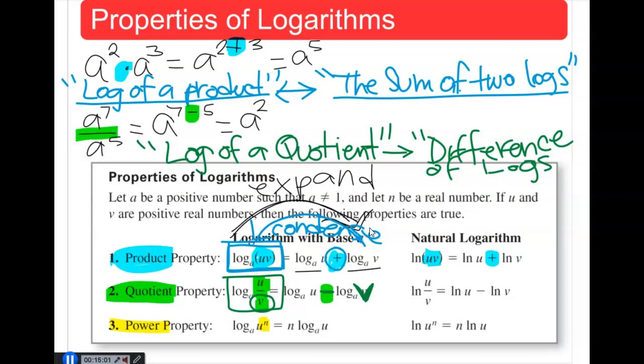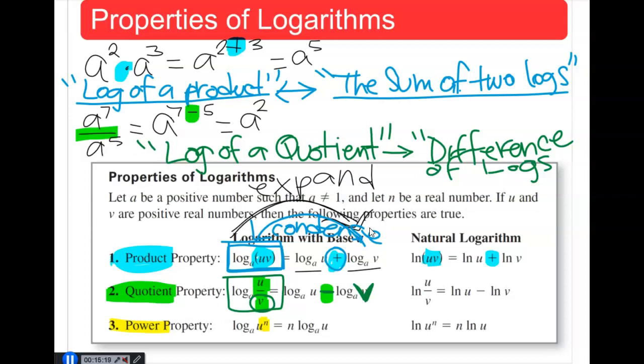To go from something that has more than one log into something that has only one logarithmic expression. These two properties are very useful when we start solving equations and, of course, word problems.